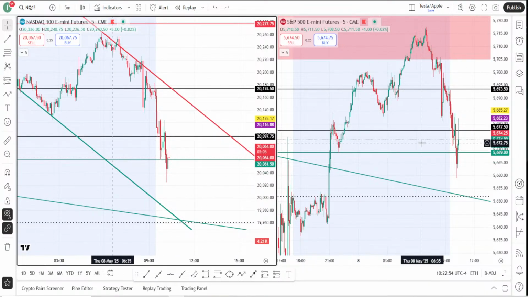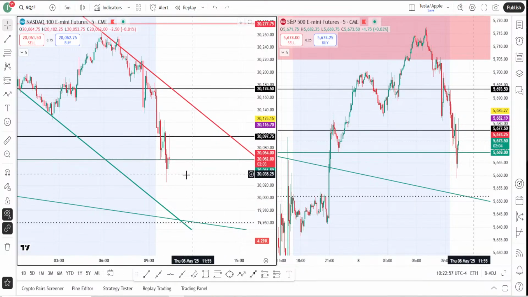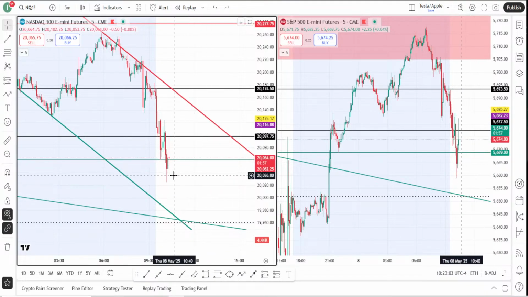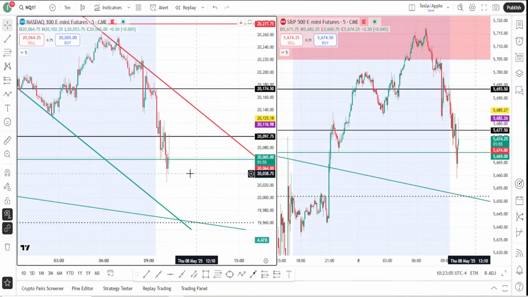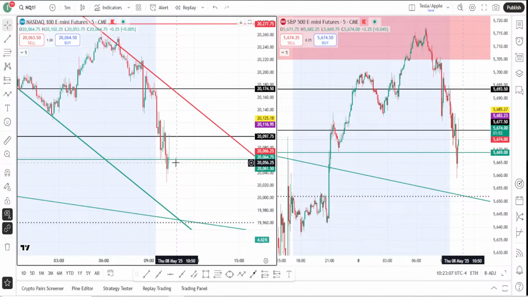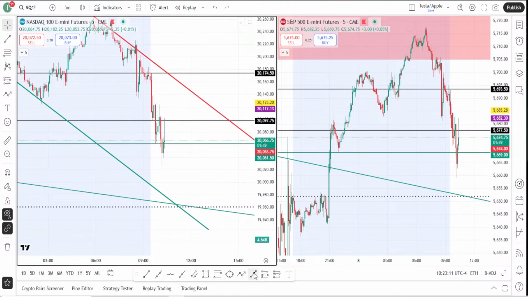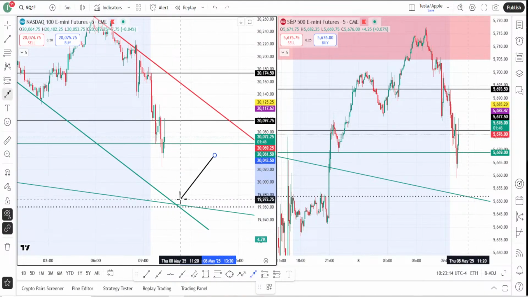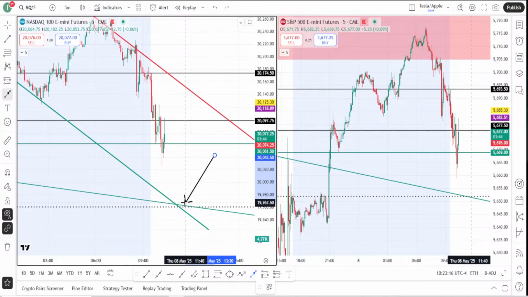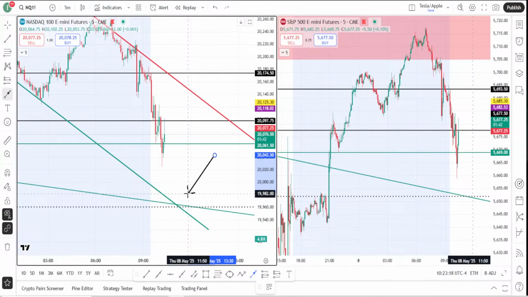Oftentimes it sets up as a trap and then starts to reverse. So I go lower size. If I'm going against the trend, I go lower size, because really buying down here is probably the better setup, bouncing off the previous day close.